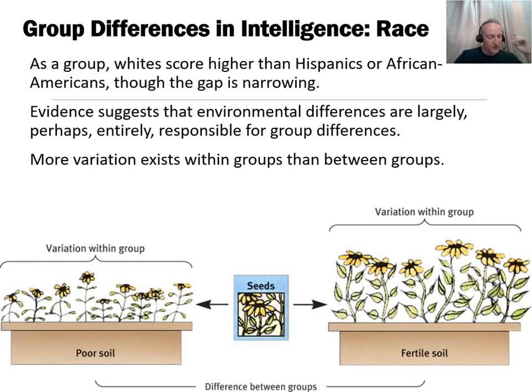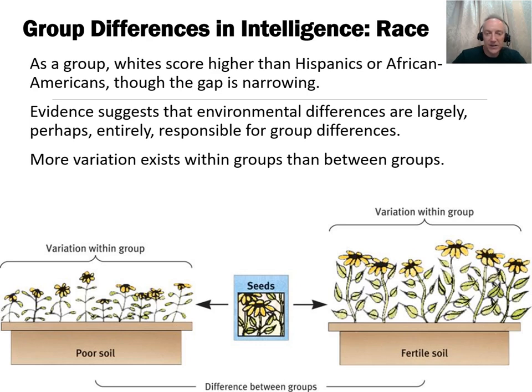As researchers delved into that data even more, we found that it didn't necessarily represent differences in race as much as differences in environmental things that are related to socioeconomic status, your wealth, your education, the occupation you have.